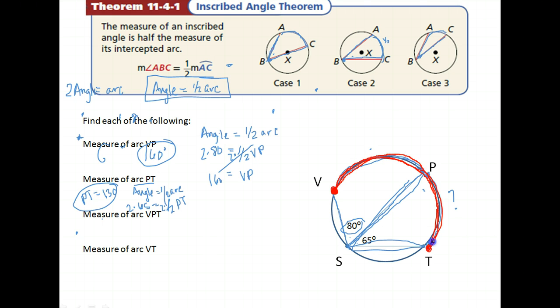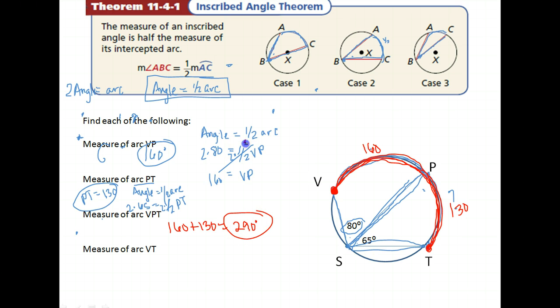How are we going to find that? Notice we found the measure of arc VP, the part from V to P, was 160, and the measure of PT, from P to T, was 130. From V to P to T is those two arcs put together. So VPT would be 160 plus 130. It's a 290-degree arc.